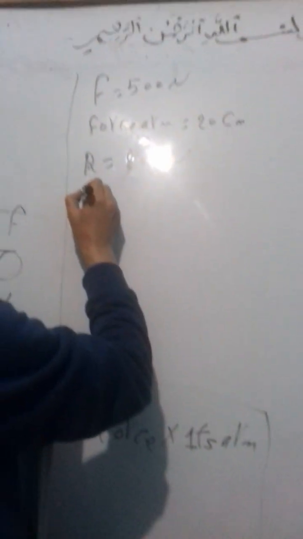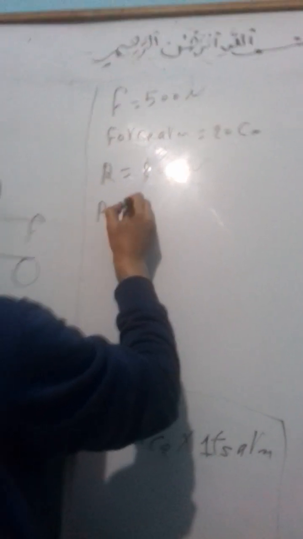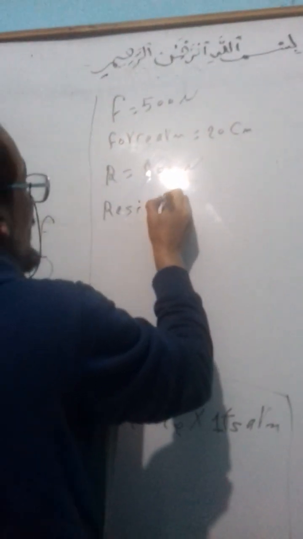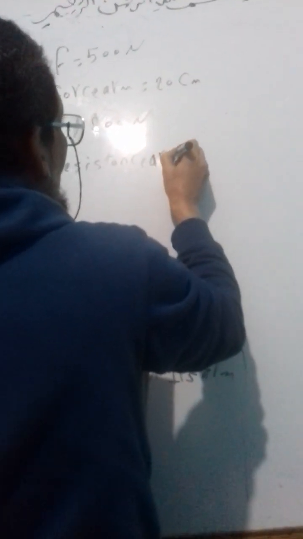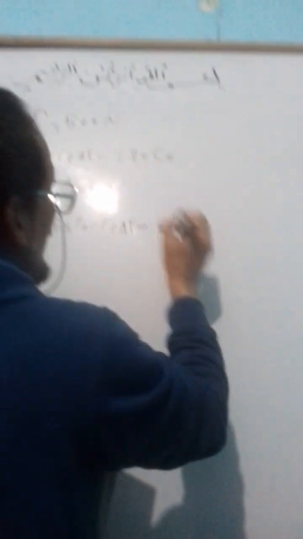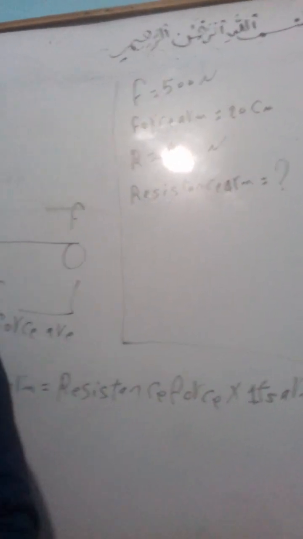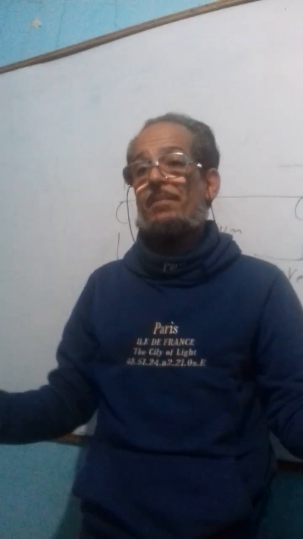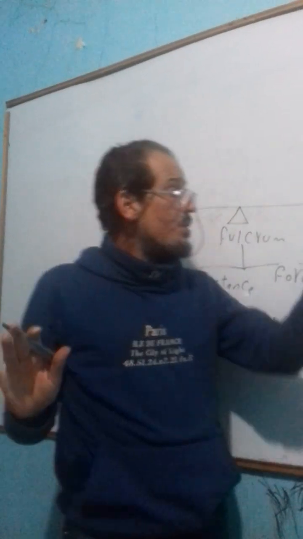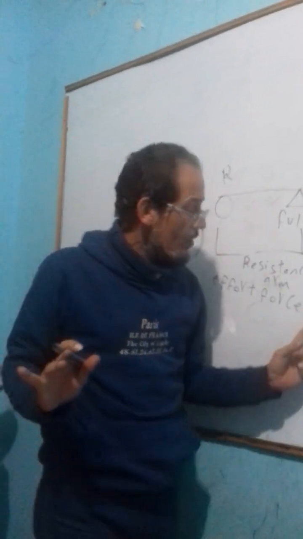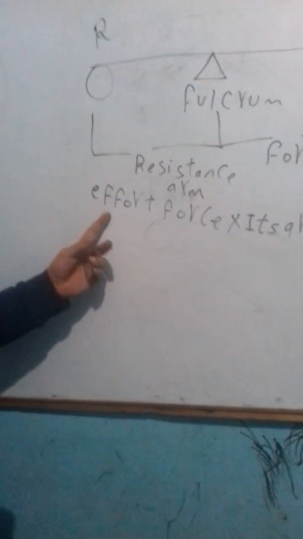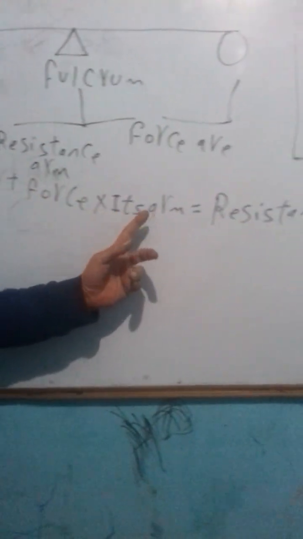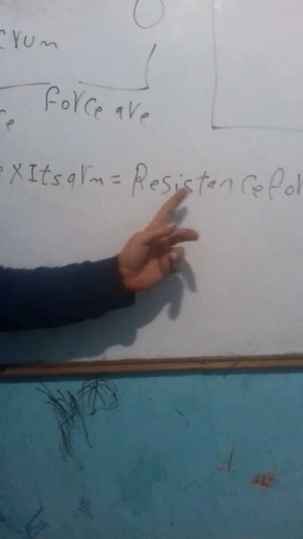Its arm اللي هي resistance arm equal unknown value، قيمة غير معروفة. طبعا عشان احل مسألة زي دي لازم اكتب القانون ده. The law of levers: effort force times its arm equal resistance force times its arm.